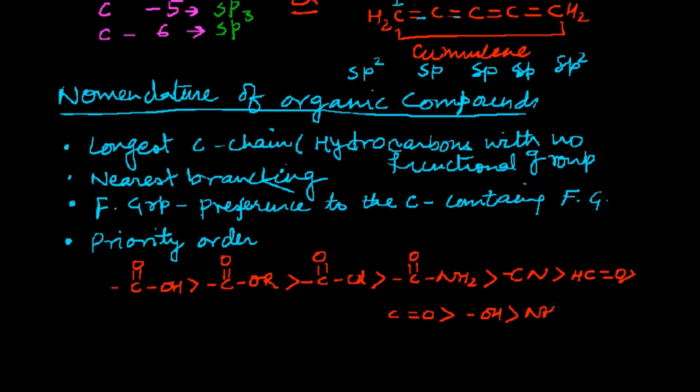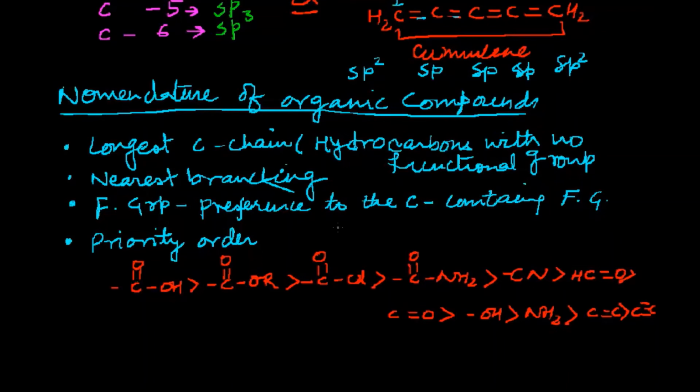Then amines, then C double bond C, and then C triple bond C. So this is the approximate priority order to be used while numbering a chain having these functional groups. Let us discuss some important examples of nomenclature based on this.